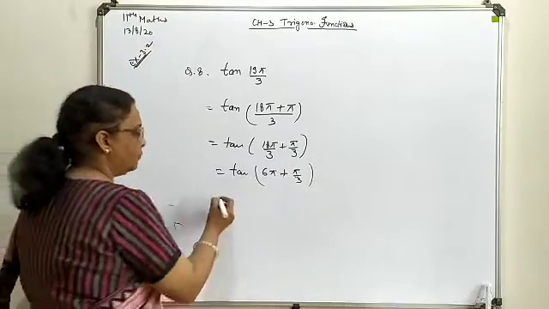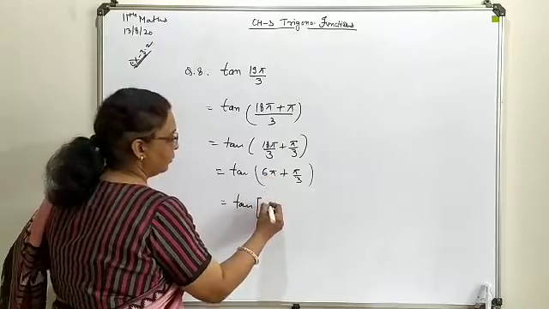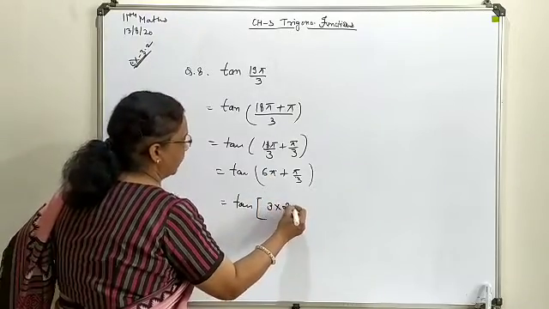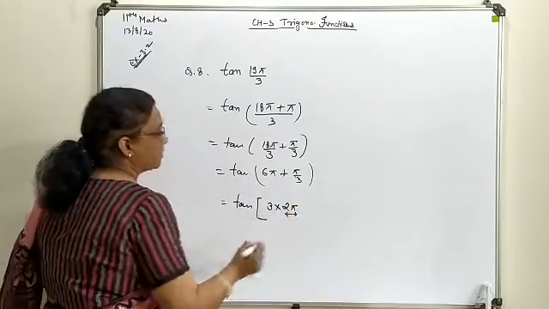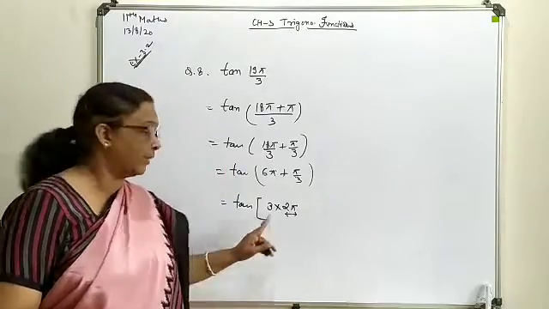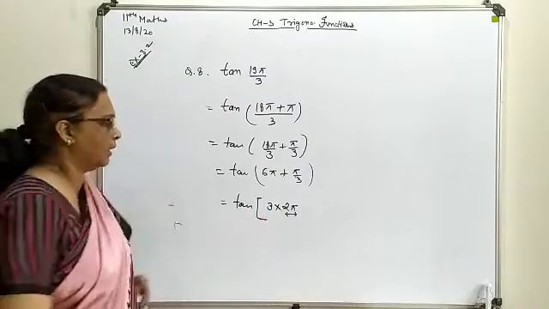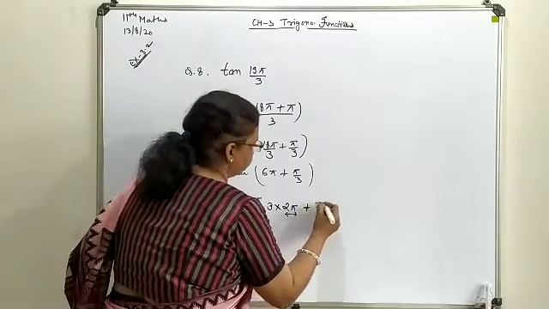So you write it first for better understanding: 3 into 2 pi. Try to write your angle as a multiple of 360, meaning that many cycles you have to complete. That number will be indicated by the multiple, plus pi by 3.